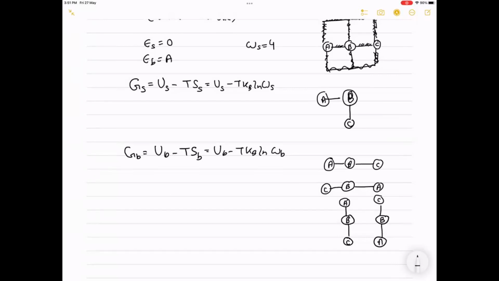This is considering that the space is inhomogeneous, right? Now suppose I assume that the space is homogeneous, that means all the directions are identical. In that case, what will be the values of Ws and Wb?